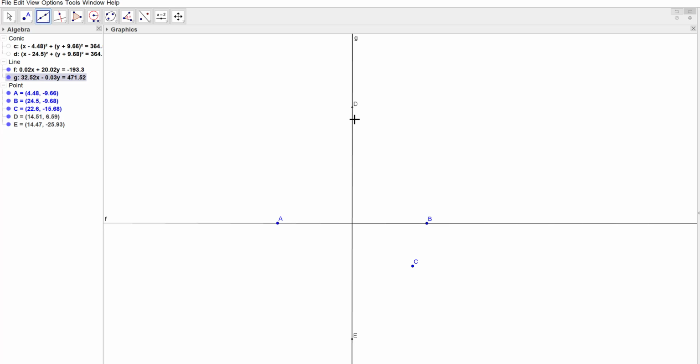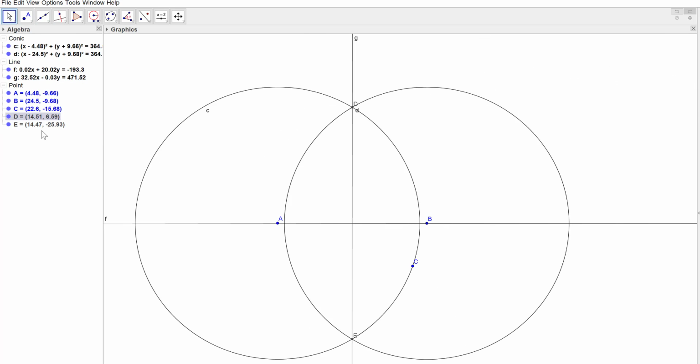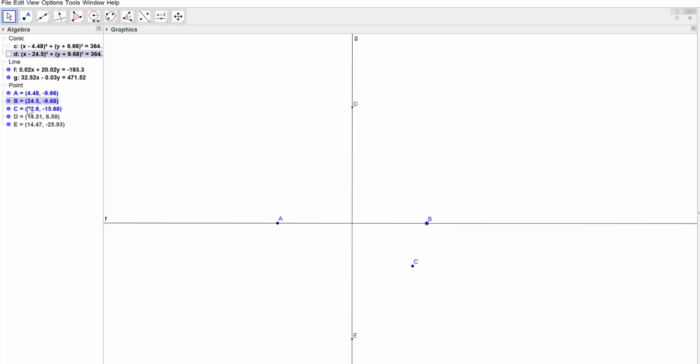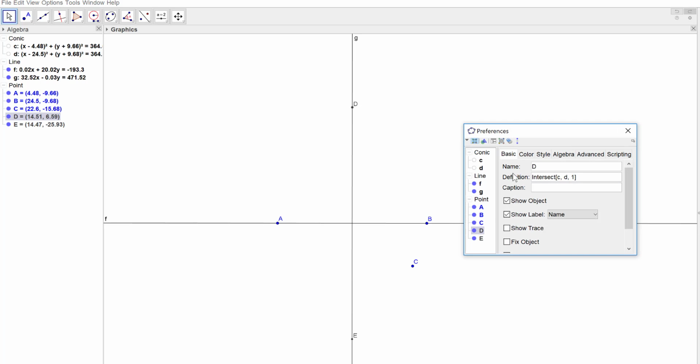And then I'm going to enlarge D. You can choose D by clicking on it over here. And you can right click on it. I'm going to say style, I'm going to make it bigger. Same style that way, but just the size is bigger.